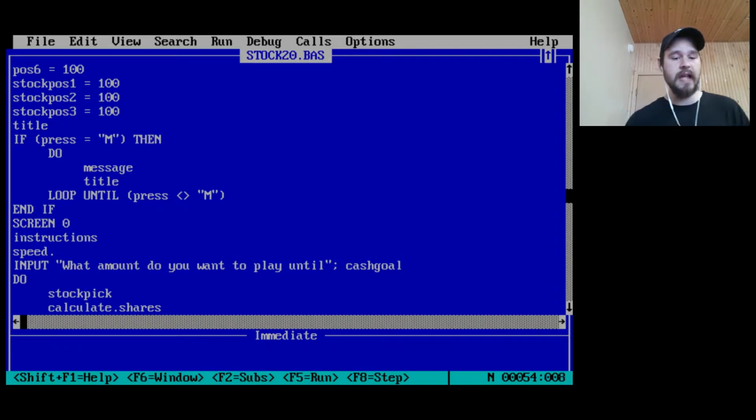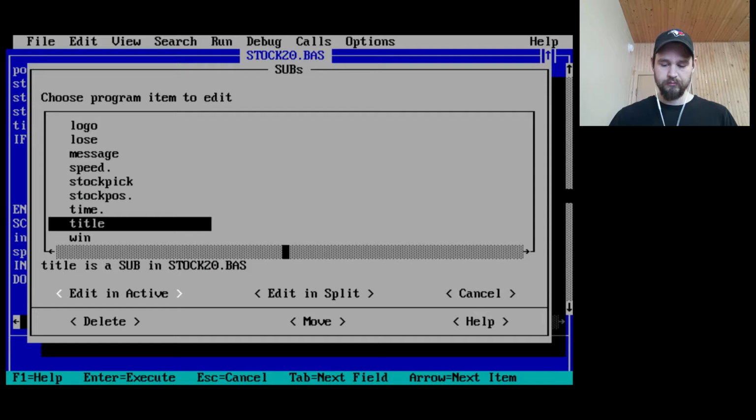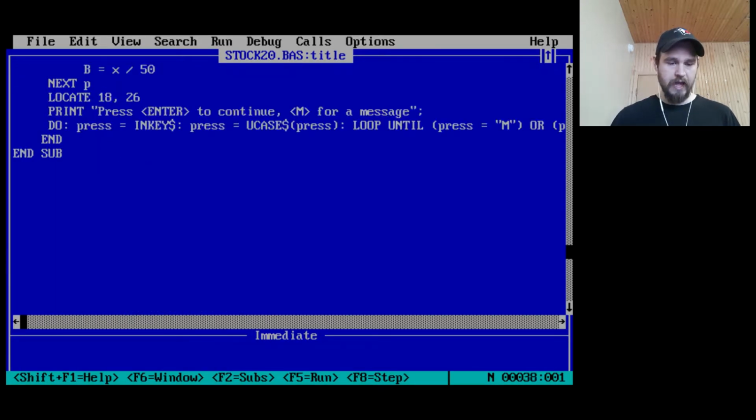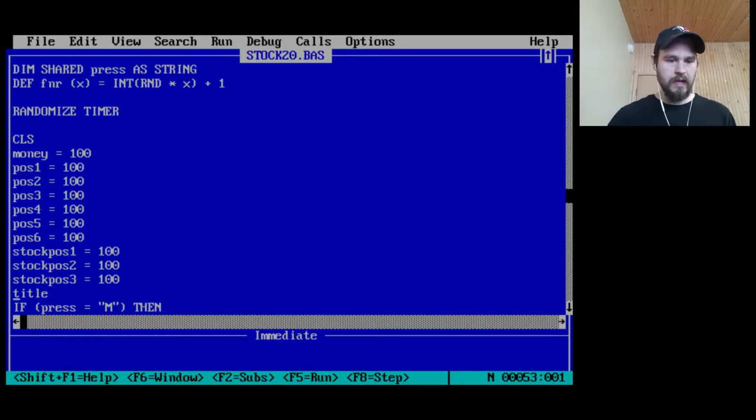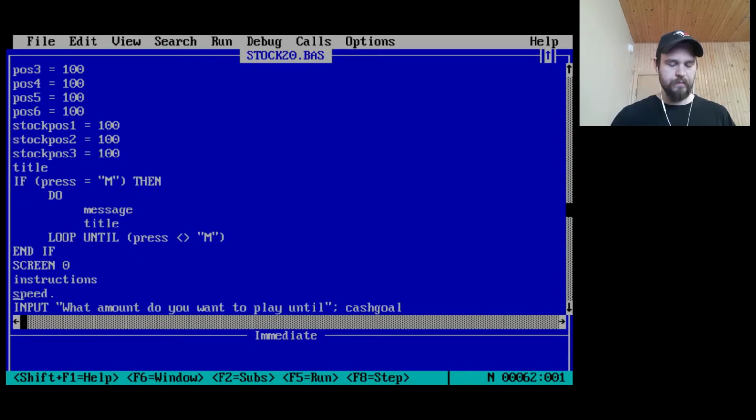So if press is M, so press in the title screen. Oh, I should get rid of my ending here. I waited for a key press and I looped until it was M or enter. Okay, so if press was M, then keep doing the message followed by the title until you don't hit M anymore.